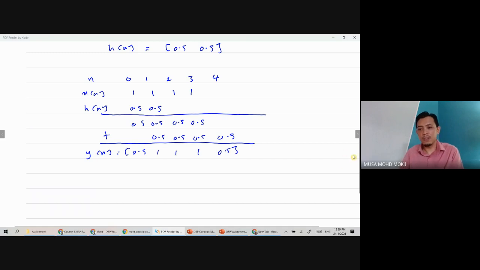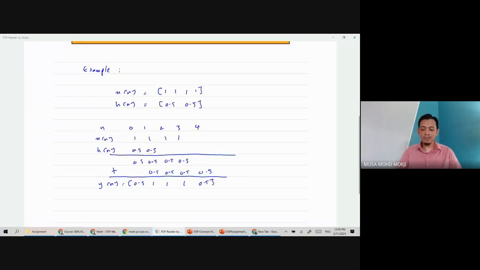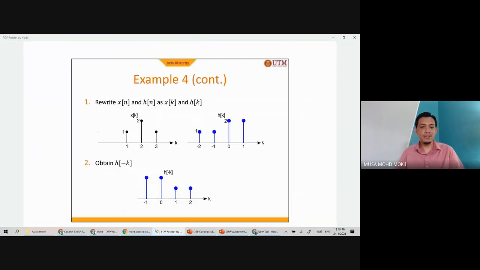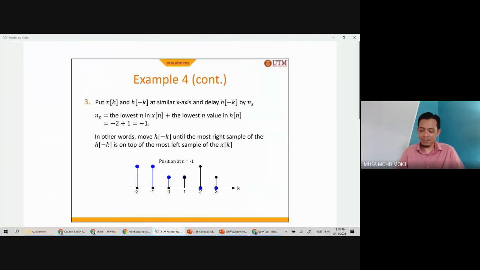So which is correct? The answer given by Omar and Connie is correct: 0.5, 1, 1, 1, and 0.5. Very straightforward. Convolution in a discrete time system is 100 times easier than the continuous version.